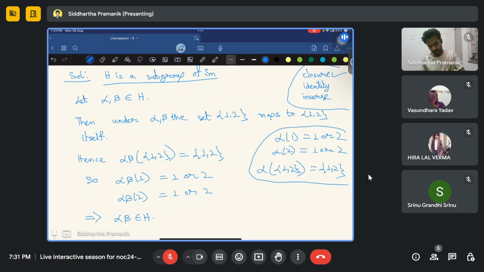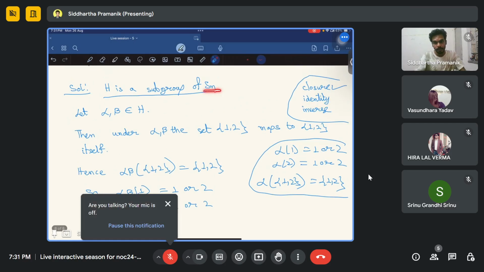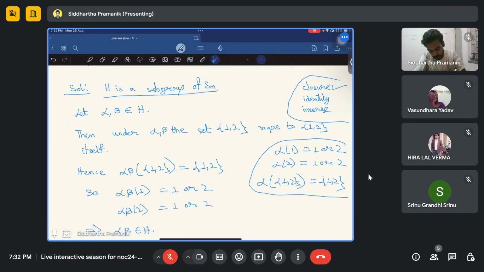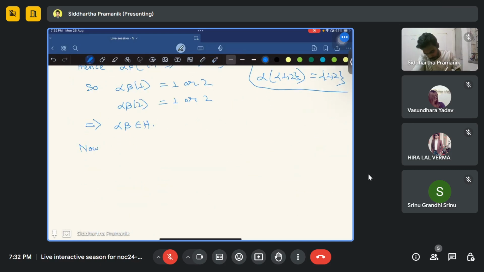So second is the identity element. The identity element of Sn is the identity function on the set 1 up to n. Now the identity E of Sn clearly is in H. Why?